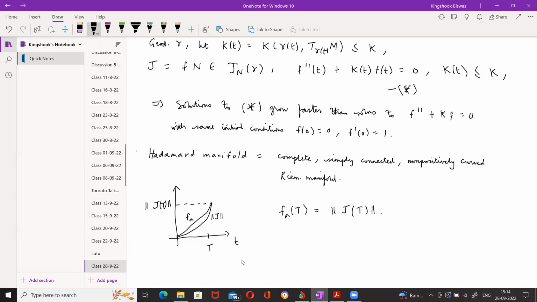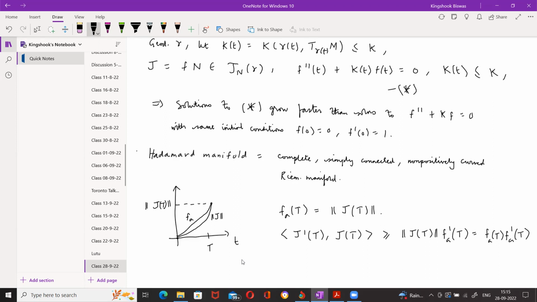Then what I'm saying is that the inner product of J prime of T and J of T is greater than or equal to norm J(T) into FA prime T. So what is this? This is FA of T into FA prime T, right? Okay.